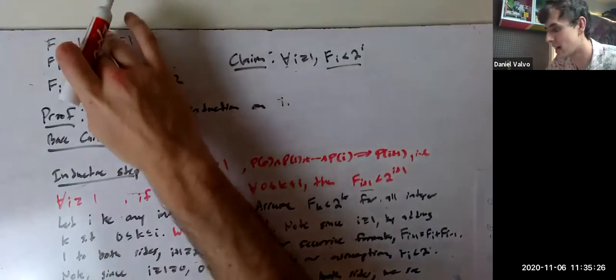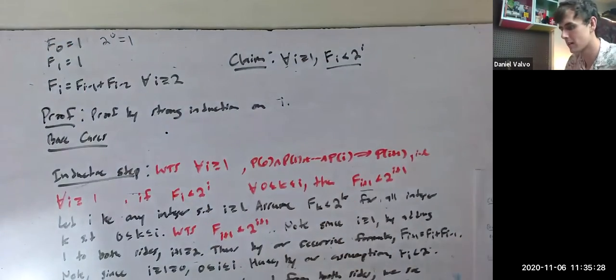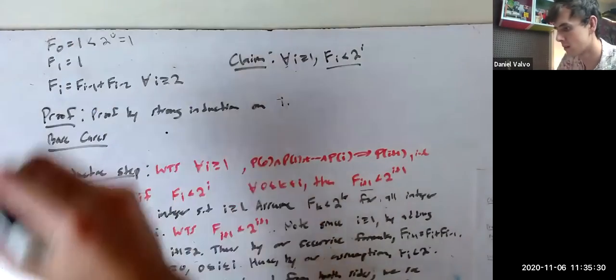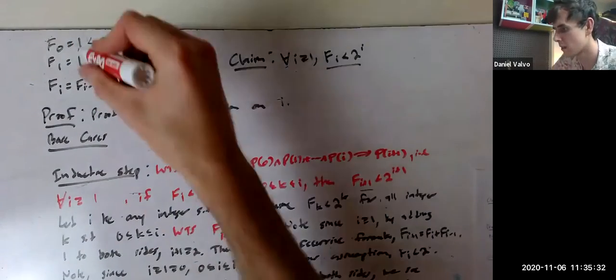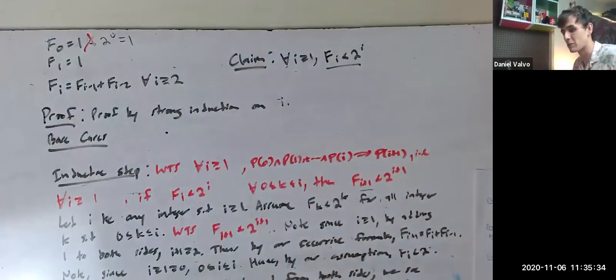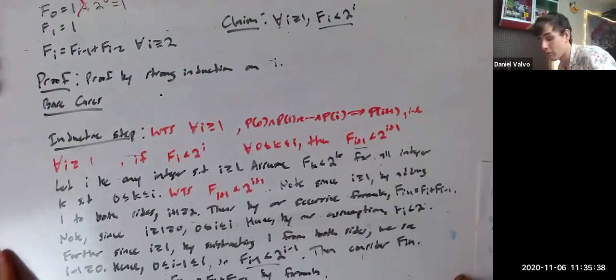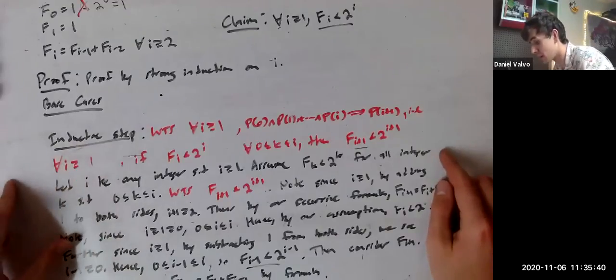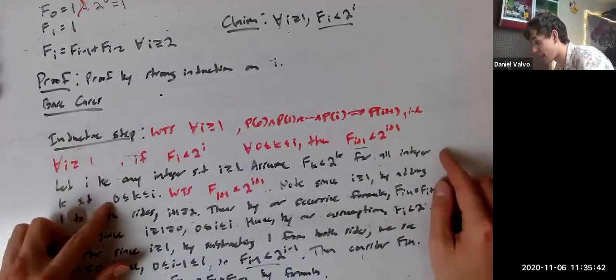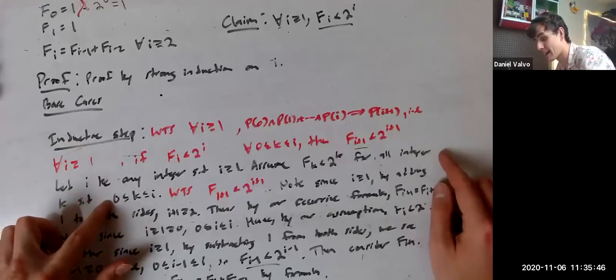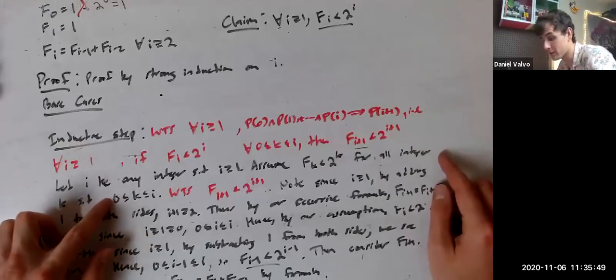Oh, sorry, it's not strictly less than 2 to the 0. That's not true. F0 is not strictly less than 2 to the 0. So we cannot assume that Fk is less than 2 to the k for all integers between 0 and I because it's just not true for 0.